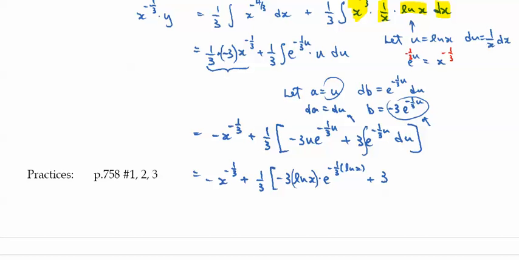Looks complicated. And then as you integrate this part, we will still end up with e to the negative 1/3 of u, or once again u equals ln x, and as you divide it by negative 1/3, we need negative 3 here, and plus c. Let me turn this u into ln x.